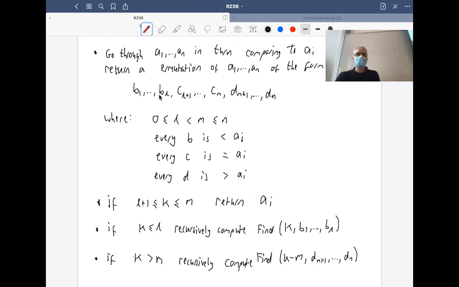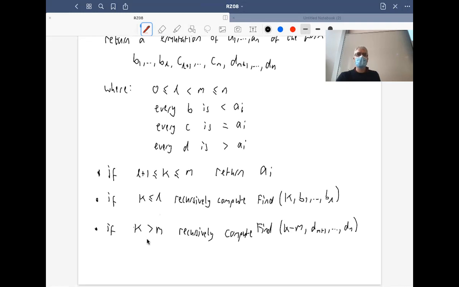If k is less than or equal to L, then we can reduce it to the smaller problem of finding, we can now make a recursive call to a smaller list. The list of the B things contains at least one element less than the original list. So we want to find the kth element in this list of B things.